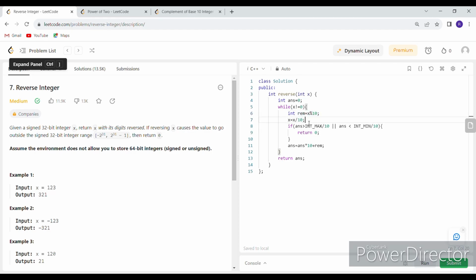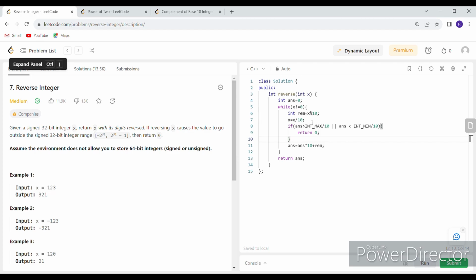After we get the last digit, we can do this step here or anywhere, it doesn't matter. So now I am dividing that number by 10 because we already got the last digit and we don't need it anymore, and we have already stored it in the variable known as rem. So we are dividing that number by 10 so that we get the next last digit. This condition we will see later.